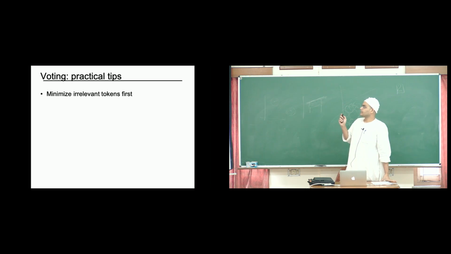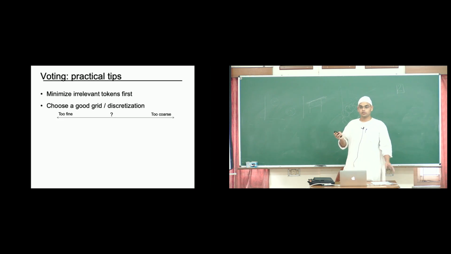But here, what are the things that you need to do for the voting? Minimize irrelevant tokens first. So, the points that you know are not part of whatever you are looking for, get rid of those. Make sure the grid that you are choosing is useful for your case.